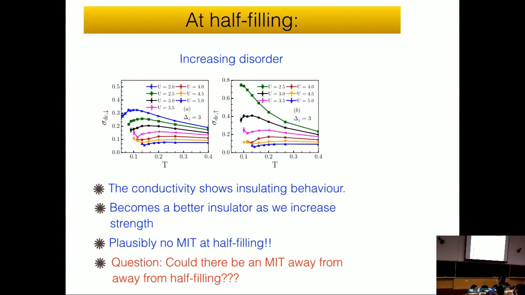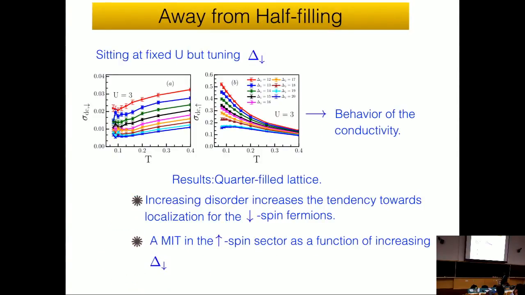And here is the first thing. What I'm doing is I sit at a fixed value of U and change the disorder. As you can see, as you sit at a fixed U and change the disorder, things become more and more insulating as we expected.